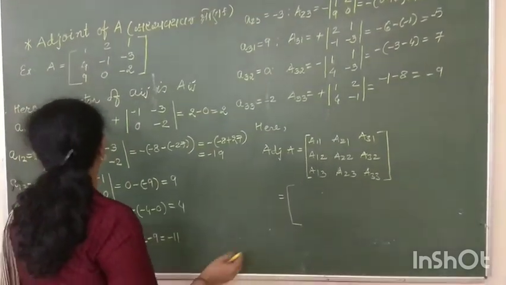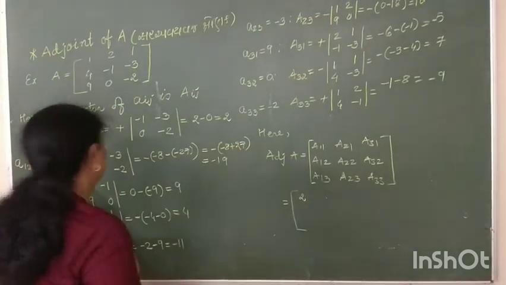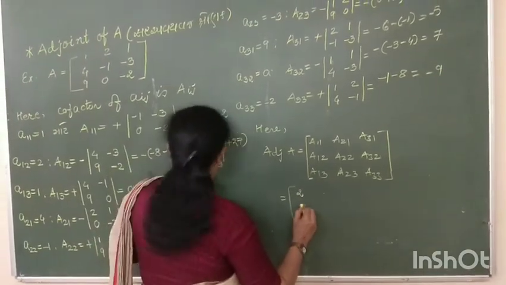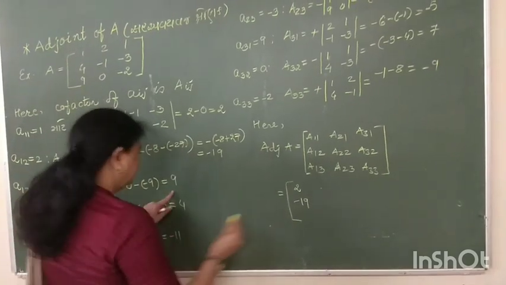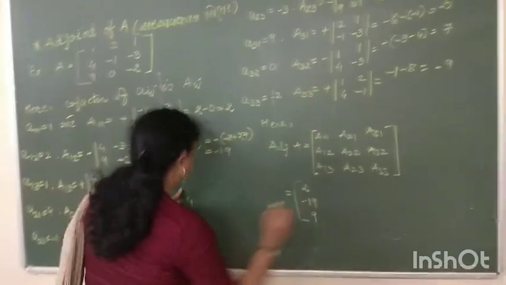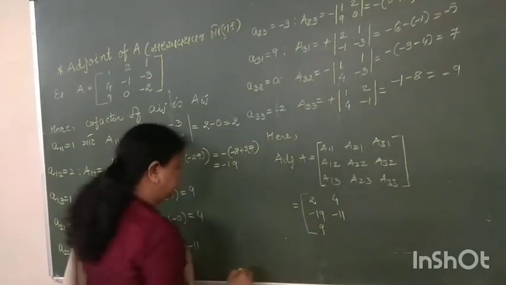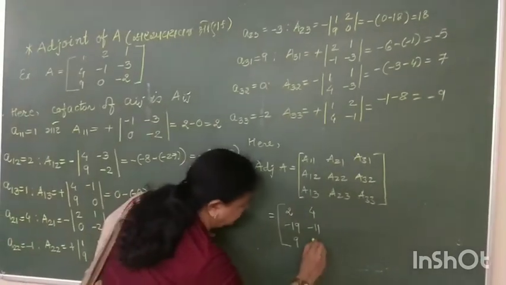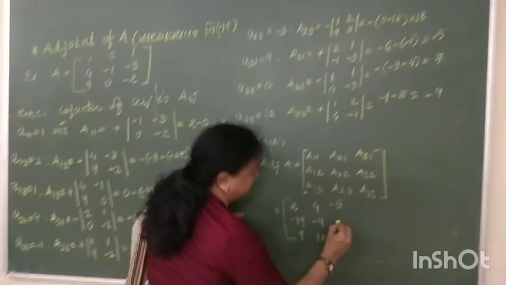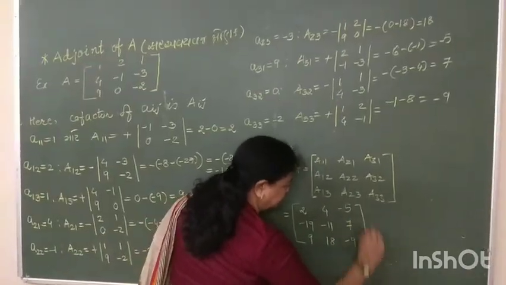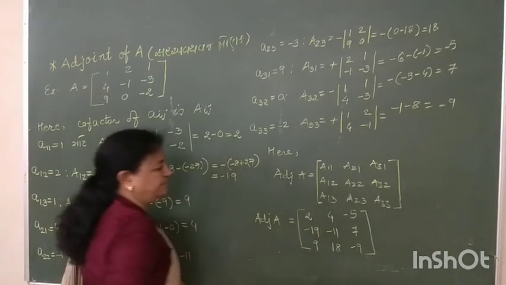Here it is 2, this one is A12, -19, then 9. Then 4, -11, 18. Then -5, 7, -9. This is our adjoint of A.